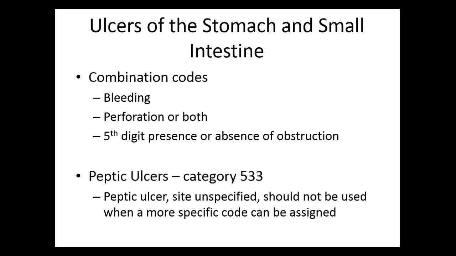The fifth-digit subclassification indicates the presence or absence of an obstruction that limits the ability of food or fluid to pass through the outlet of the stomach or intestinal lumen. Ulcers of the stomach and small intestine are often described as peptic without any further identification of the site. You should review the medical record carefully for any indication of the specific site involved.